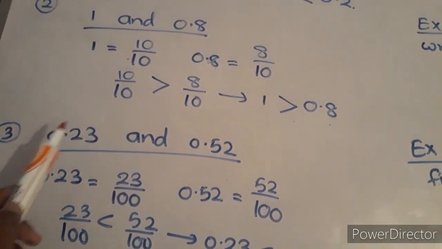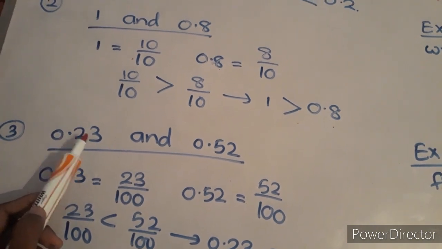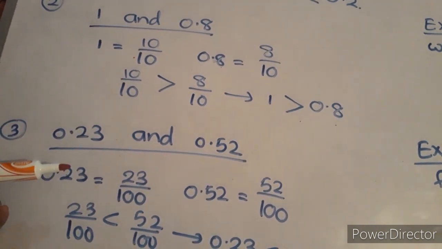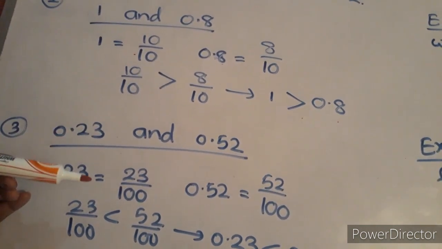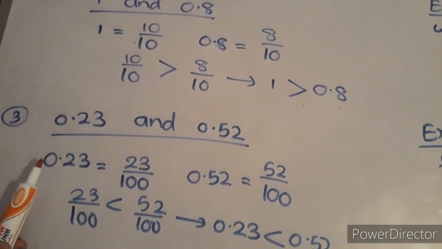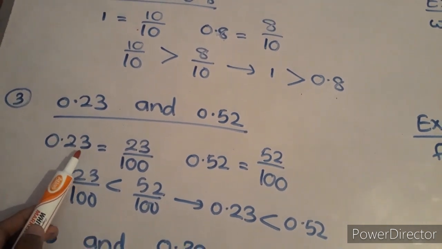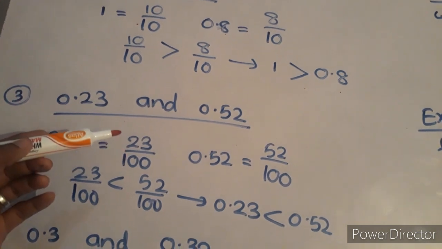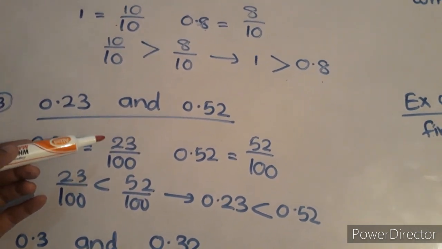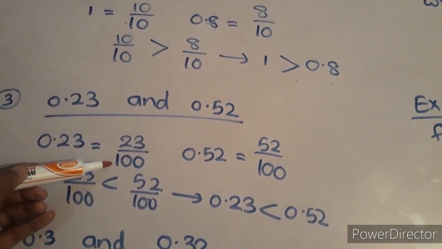We know if there are two decimal places, the denominator becomes 100. If there are 3, it becomes 1000, like that. So 0.23, if we convert it into a fraction, we can write as 23 upon 100.